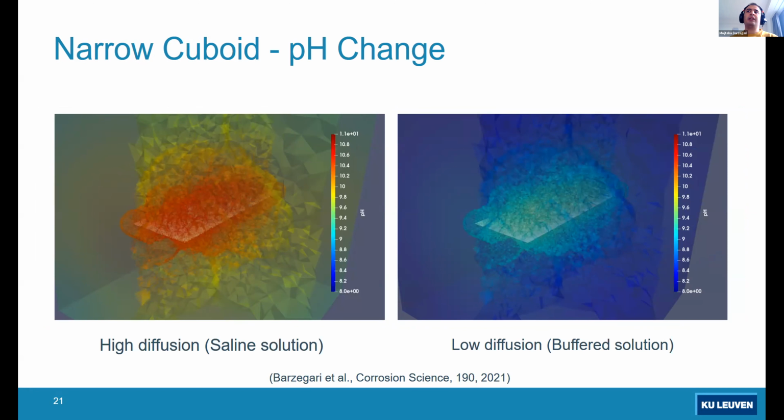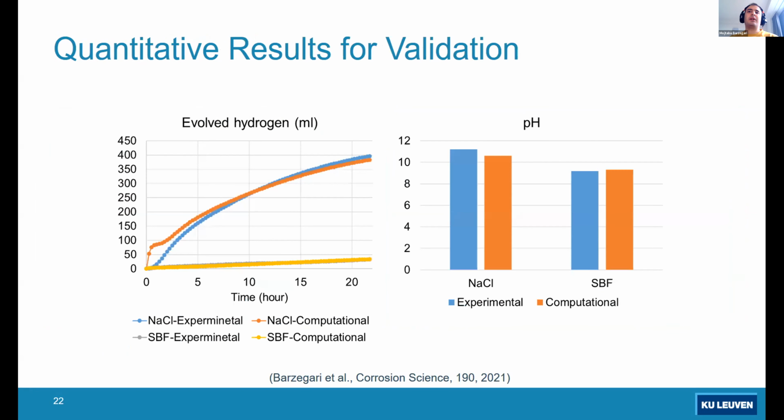The results are really in good agreement with the experimental results, as you can see here. This has already been published with this kind of quantitative analysis of the numerical values.